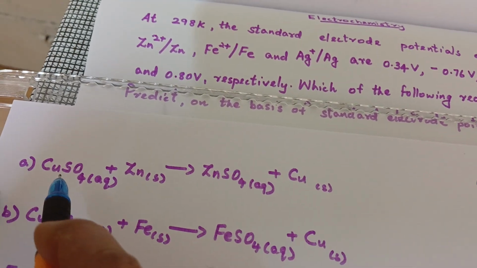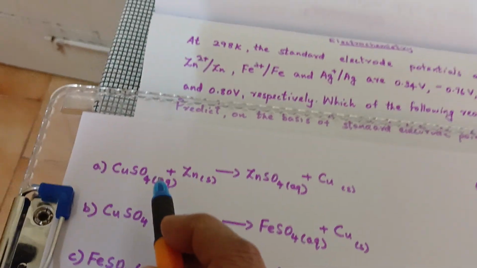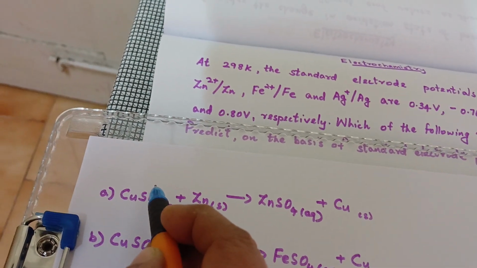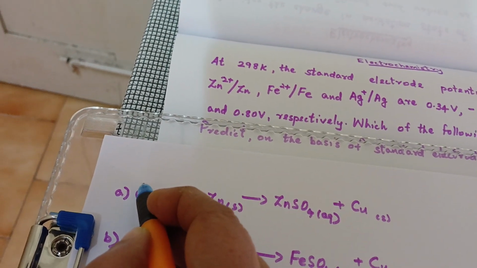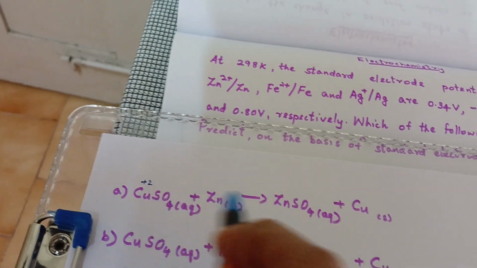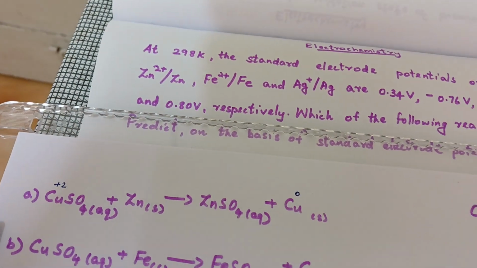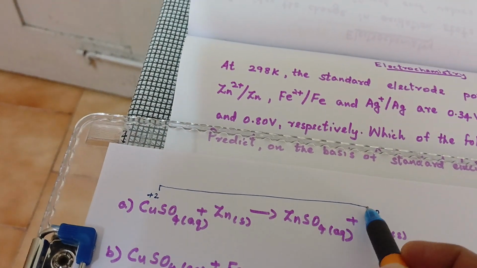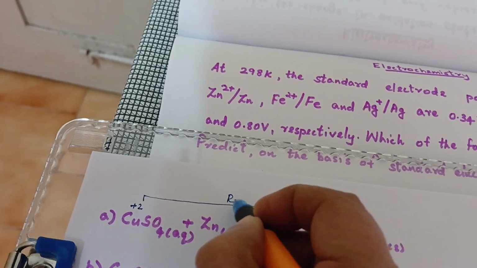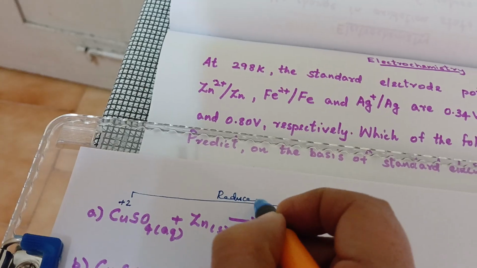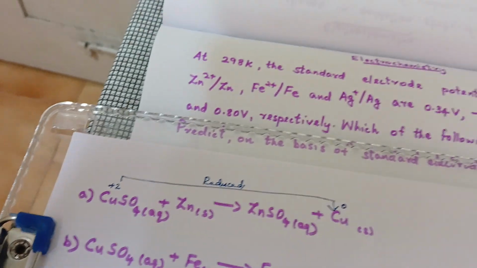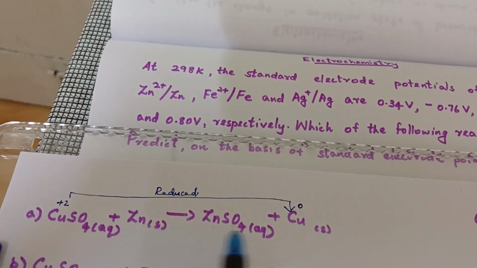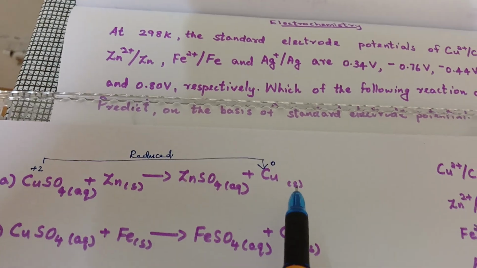What is the oxidation state of copper in copper sulfate? Sulfate is minus 2 and copper is plus 2. Here we can see copper is in its zero oxidation state, so there is reduction taking place. So that means this reaction is possible.